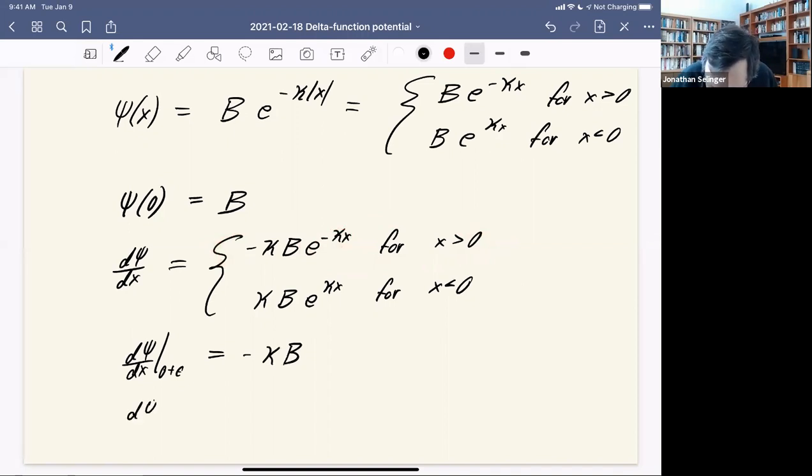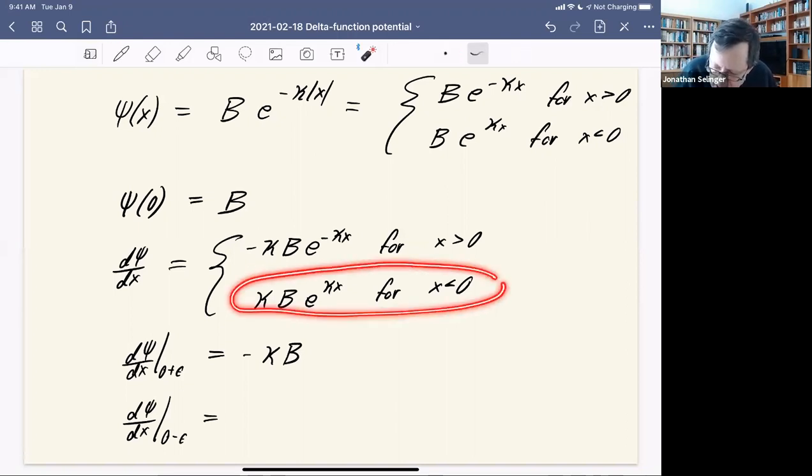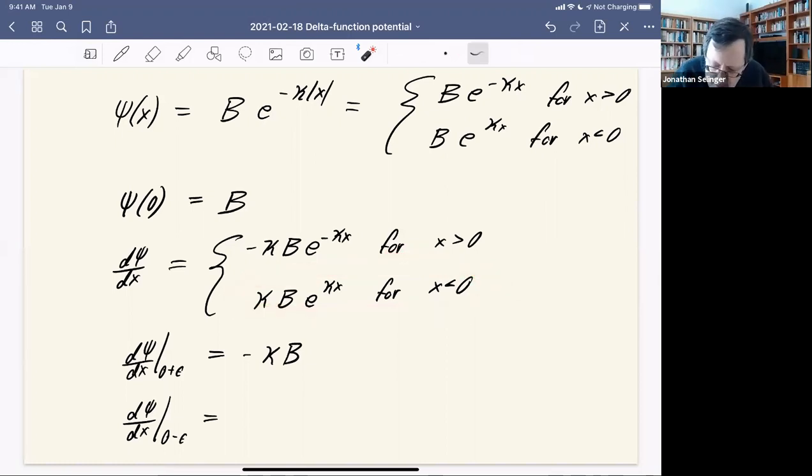Likewise, dψ/dx for a tiny negative number for x: if x is negative, I have to use the negative x line. So I put in x is a tiny negative number. I'll put in x equals 0 right there. It's 1.